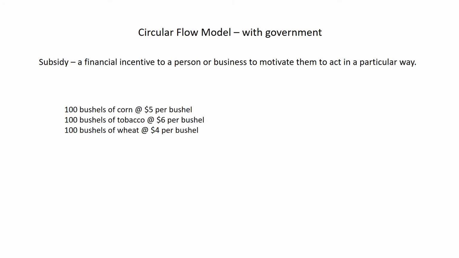Suppose, for example, some farmer, we'll call him Farmer Brown, has a piece of land on which he can grow 100 bushels of corn, which he can sell for $5 a bushel, 100 bushels of tobacco, which he can sell for $6 a bushel, or 100 bushels of wheat, which he can sell for $4 a bushel.